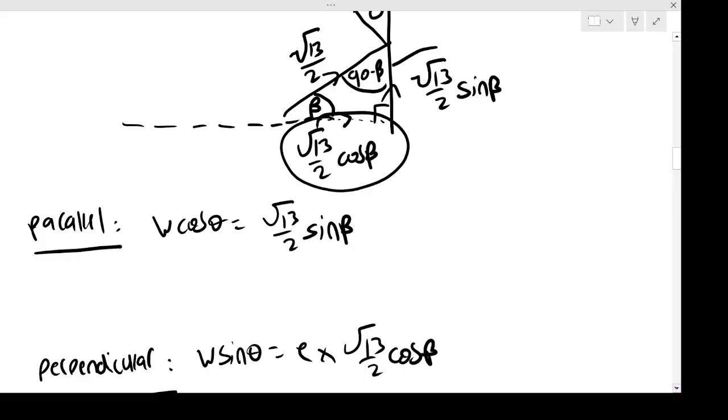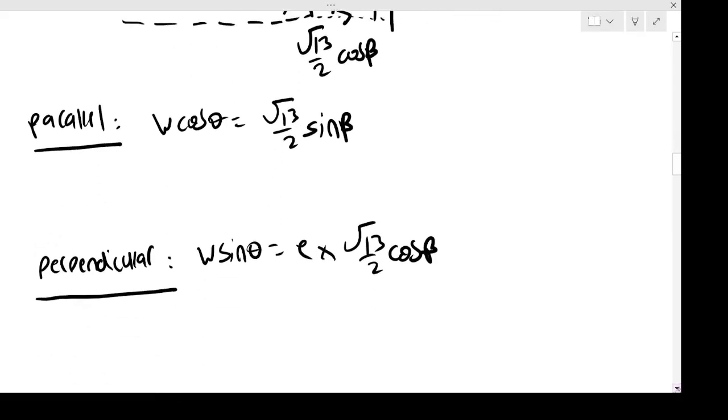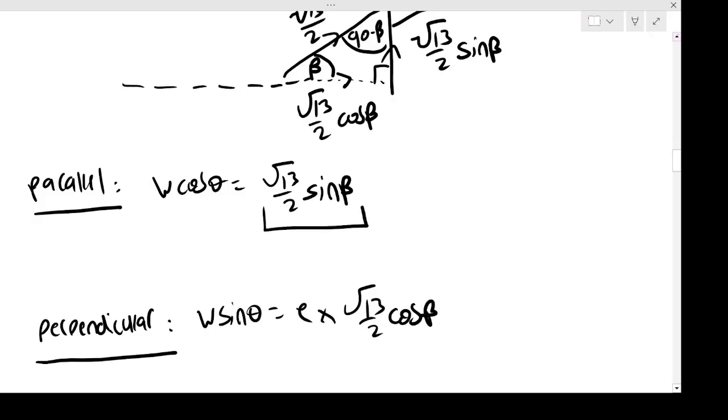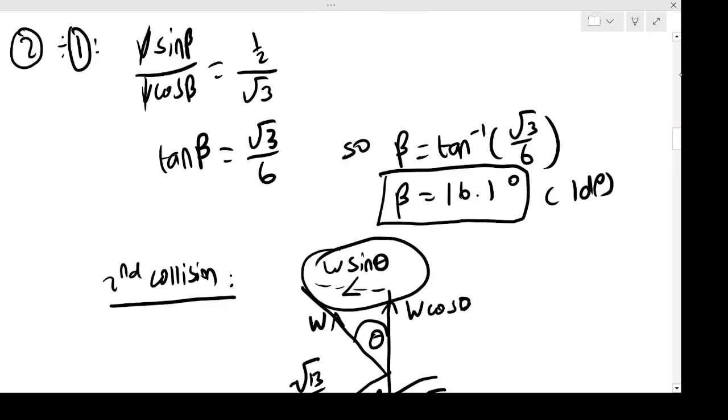Hopefully happy with the parallel and the perpendicular components here. Now in terms of simplification, because we just have sine beta here, if I revisit my working, I know what tan beta is.